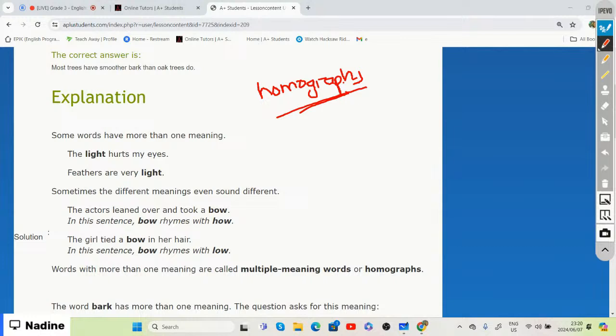And sometimes the different meanings even have a different sound. It's not always, but they do at times.